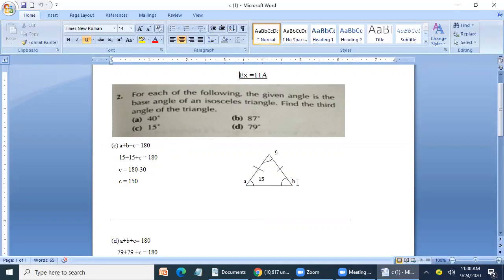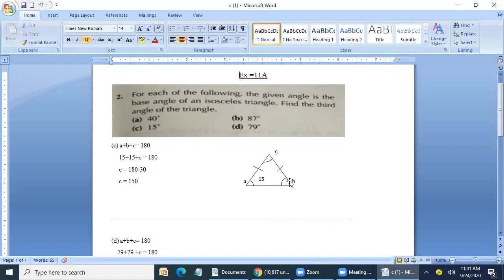Now, as you know, this is a triangle and this is the base side. The given angle is the base angle, which is 15. So I have written here A vertices angle 15 degree. As you can see, this line and this line mean this side is equal to this side because this is an isosceles triangle.